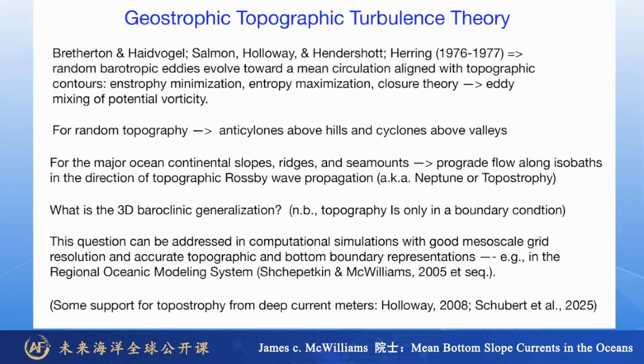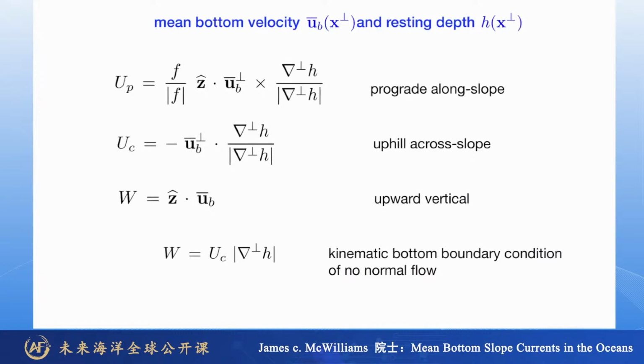Only recently has model resolution become good enough that simulations can show that topostrophy is the dominant cause of deep mean flows, and mesoscale eddies cause it with a finite vertical penetration scale of hundreds or thousands of meters above the bottom, controlled by the stratification and rotation.